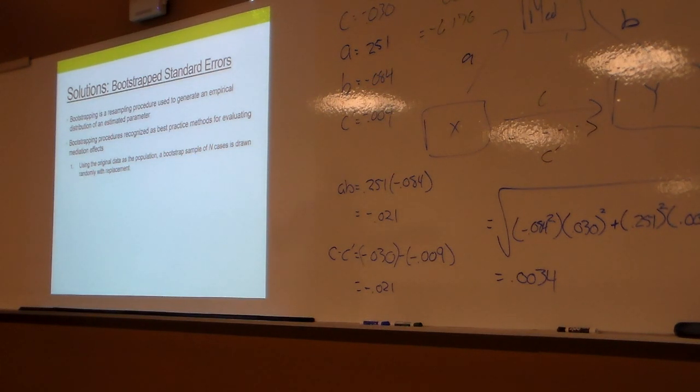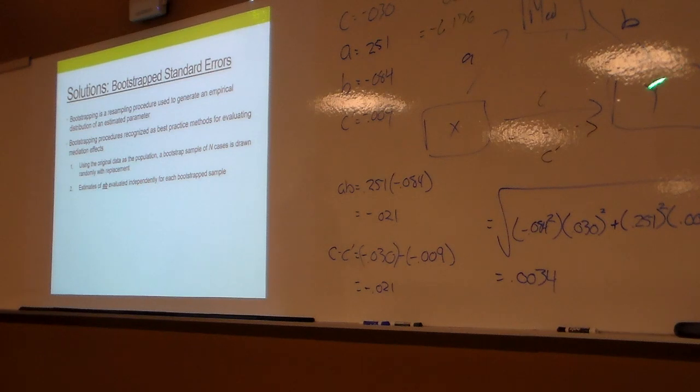So I've got my sample of, well, let's just call it 300 people, right? I've got my sample of 300. And what I'm going to do is draw a bootstrap sample of 300 cases with replacement, right? And then I'm going to evaluate with those 300 cases, going to go through and estimate AB, right?